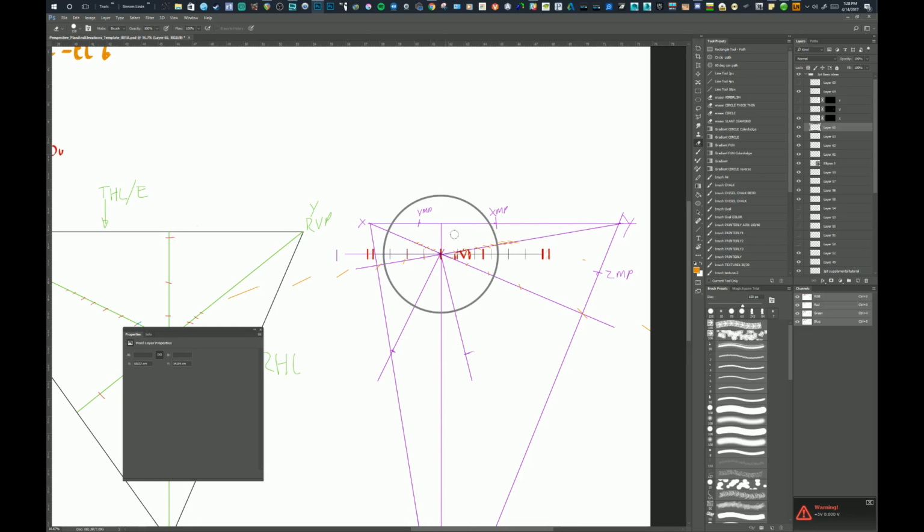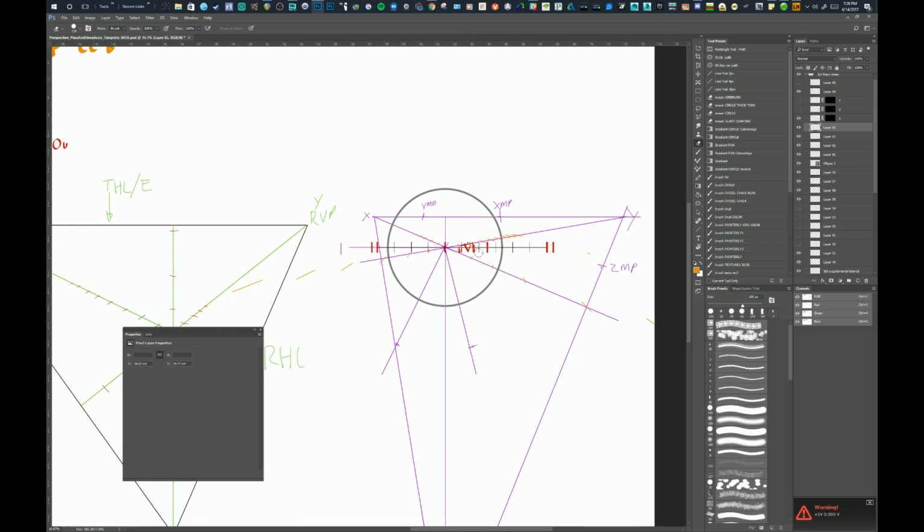So those are properly foreshortened, giving us proper perspective here, which cannot happen if you are not using your measuring points and your cone of vision and your center of vision and all that good jazz.